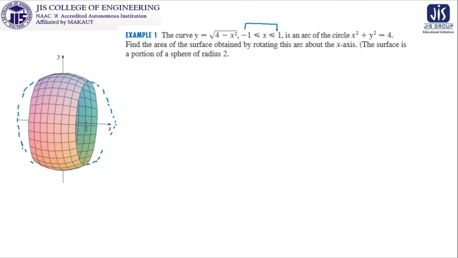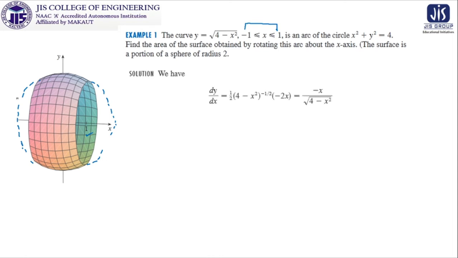But the question asked here is that we don't want the area of the whole sphere, we want the area of this particular shaded portion from -1 to 1. So here the intersecting point with the x-axis is -1, and here it is +1. We need this surface. Clear?